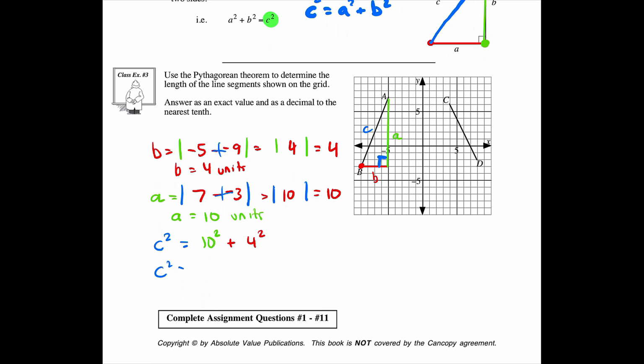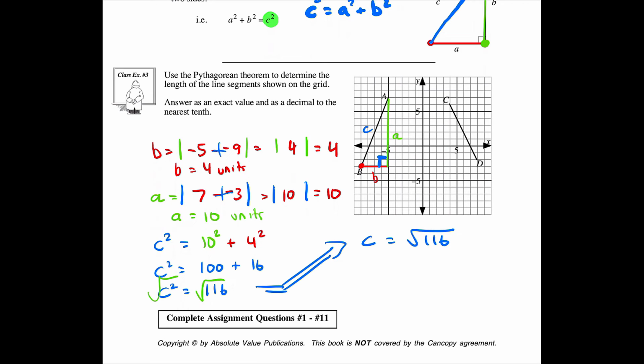C squared is going to equal 100 plus 16. C squared is going to equal 116. I'm just going to move over here and up to there. And basically, we take the square root of both sides, and I'm going to end up with C equals the square root of 116.